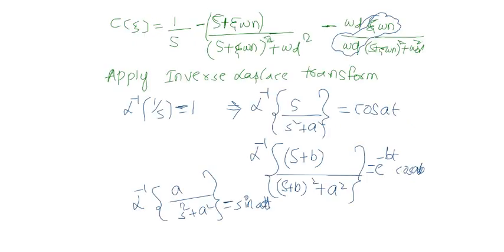Then we apply the inverse Laplace transform for omega d by (s plus zeta omega n) whole square plus omega d square. This is similar to the inverse Laplace transform of a by s square plus a square.